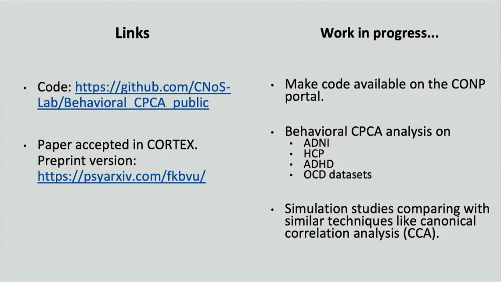Apart from that, what we are planning to do next is to make the code and the methodology available on the CONP portal. Apart from this particular data set, we are also using it on many other different data sets. We are also doing simulation to compare this method with other methods. And that's it. Thank you.